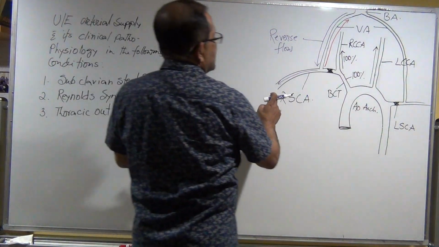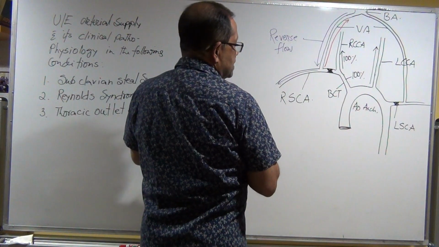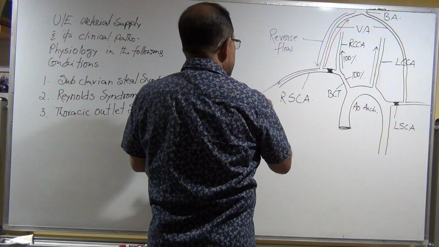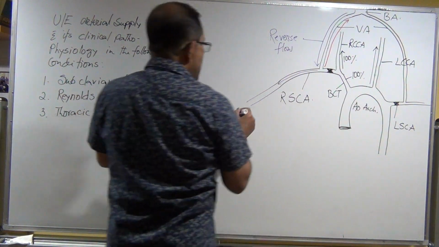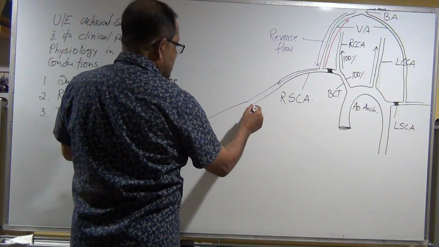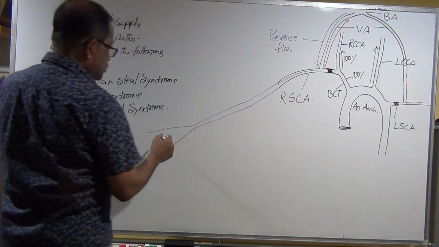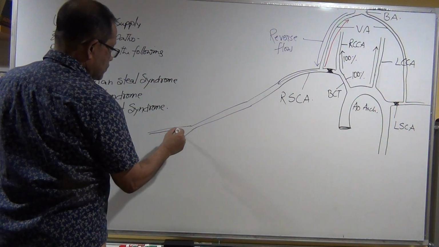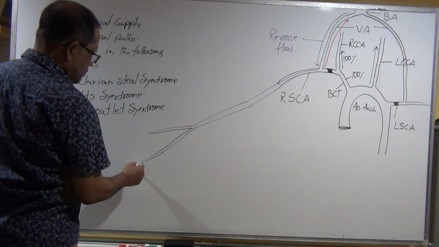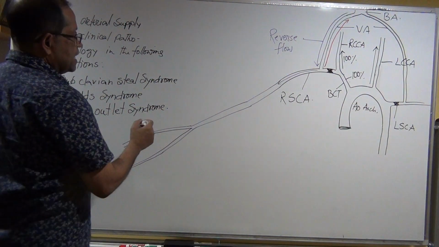And this subclavian artery will have blood, and that blood will go from the subclavian to the axillary artery, and from the axillary artery to the brachial artery, and it is split into two: radial and ulnar artery.